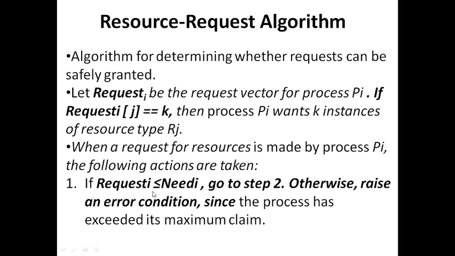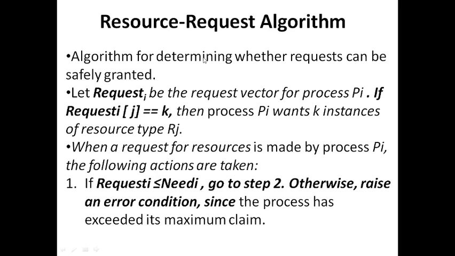Now we are going to use the algorithm called Banker's algorithm, which actually has two modules. The first module is called the resource request algorithm. Whenever a process makes a request for a resource, that request will be scrutinized to check whether allocating that resource to the process will lead to an unsafe state or not.